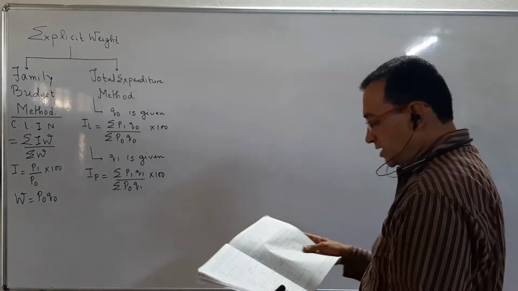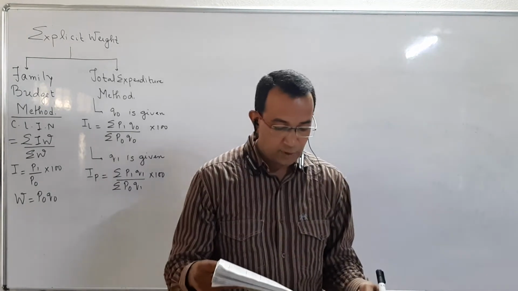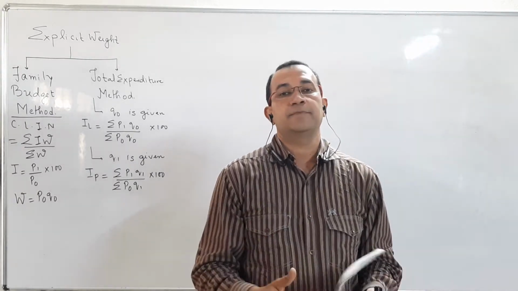Now question 3 reads as follows: compute the cost of living index number by the method of total expenditure from the following data.